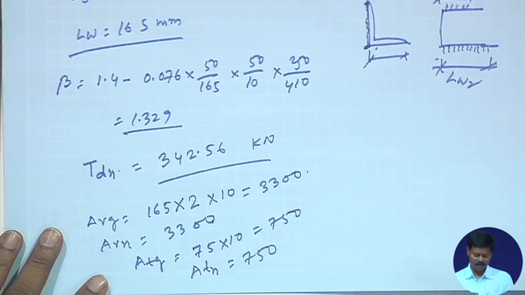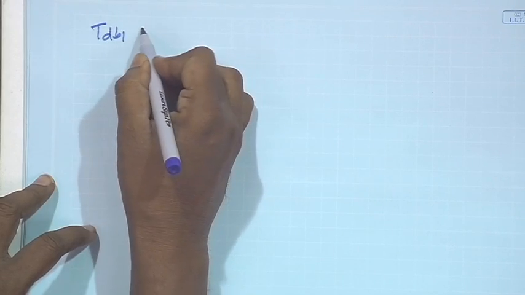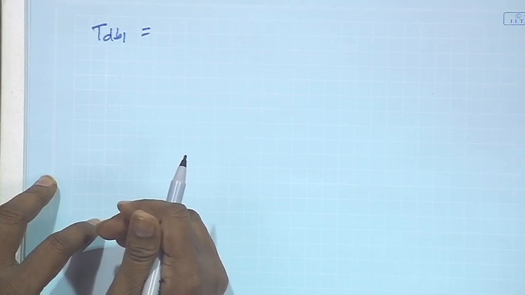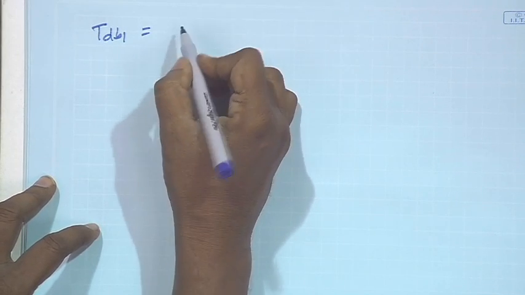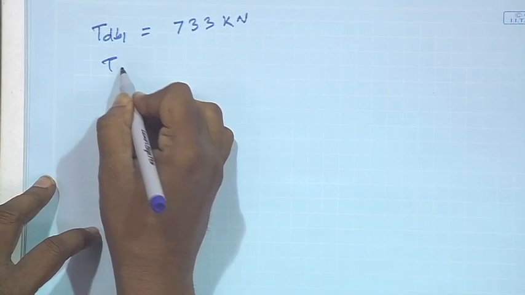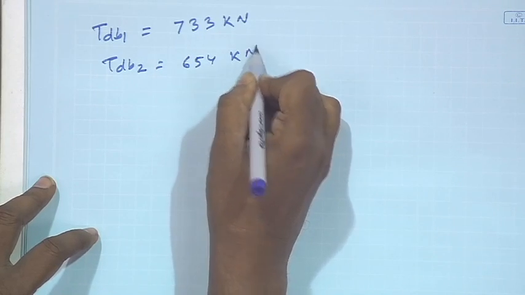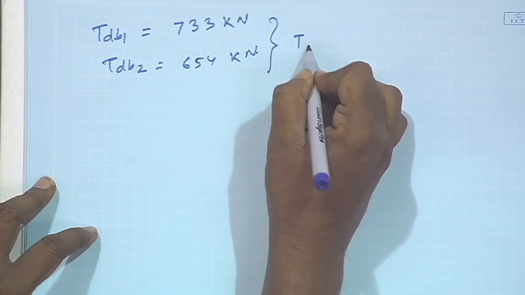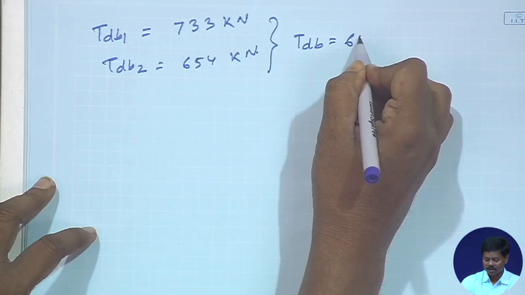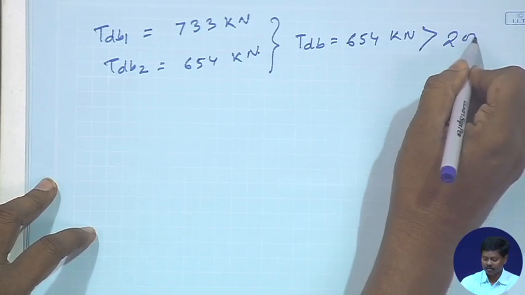ATG and ATN will be the same, AVG and AVN will be the same. Now, I can calculate the value of TDB1 and TDB2. If I put those values, I am not going into details because of shortage of time, I can find out TDB1 as 733 kilonewton and TDB2 value I can get 654 kilonewton. So, I can say that TDB value is coming 654 kilonewton, which is much more than 200 kilonewton. So, it is okay.